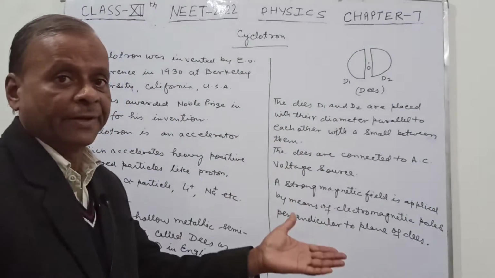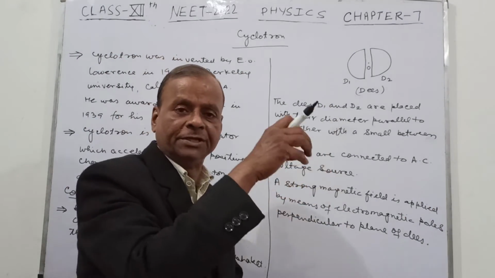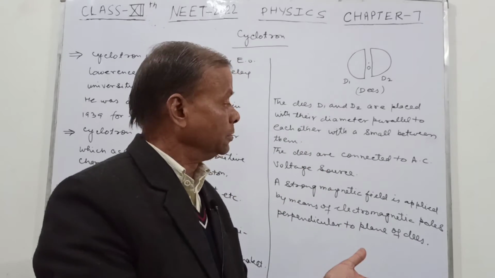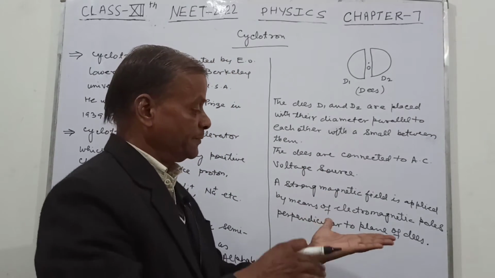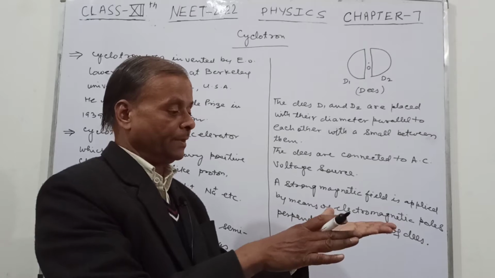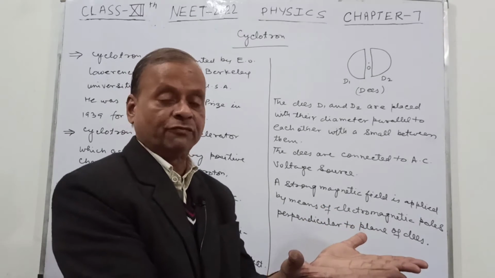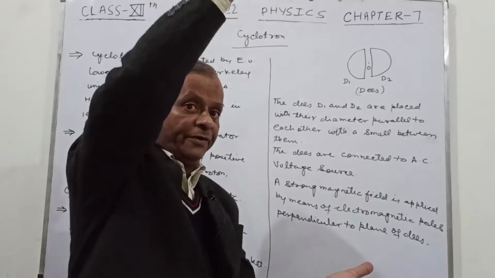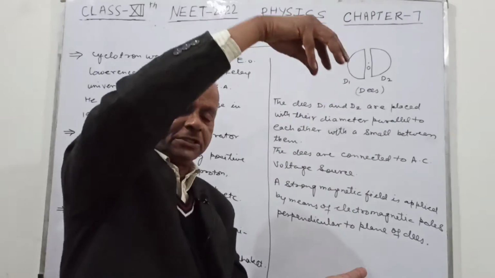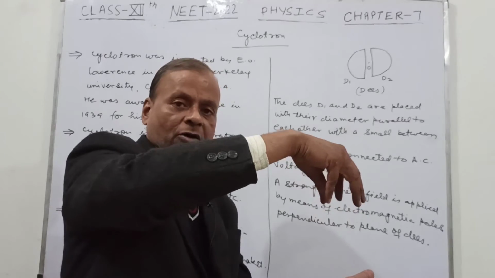So the magnetic field is also applied, which is perpendicular to the plane of the D's. So you have to imagine like this: this is now your D, this is our another D. Suppose we are having these two D's like this one, and the magnetic field is applied like this, which is perpendicular to the plane of these D's.